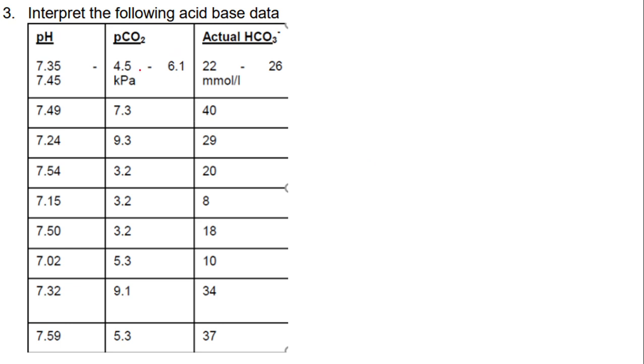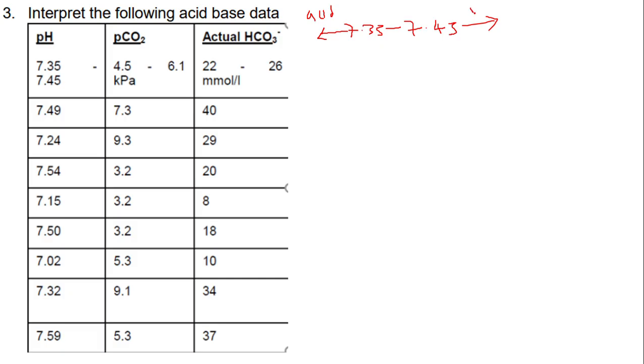I'll write here pH. So pH is 7.35 to 7.45, so that you will not be confused. So this side, it is an acid. We know pH, if it's less than, it is what? An acid. Then this side, it is what?